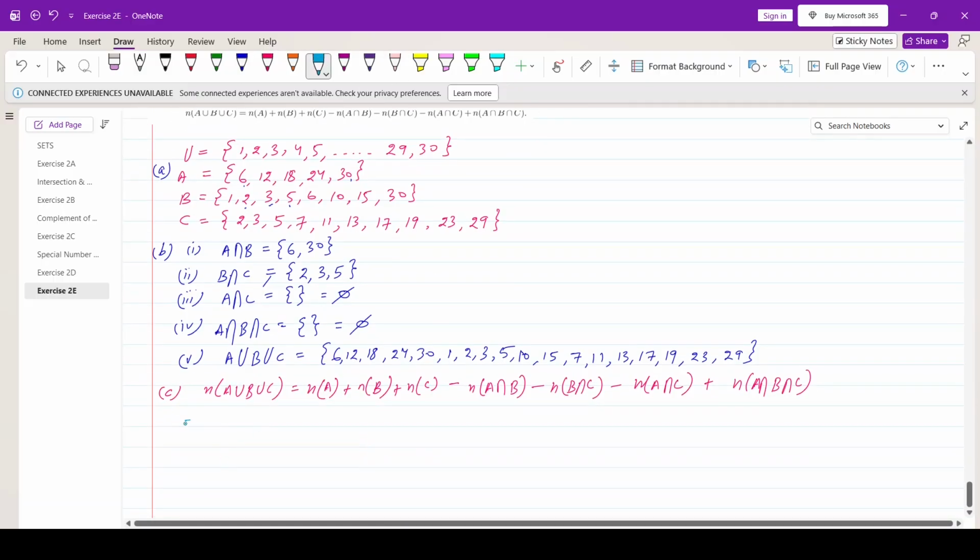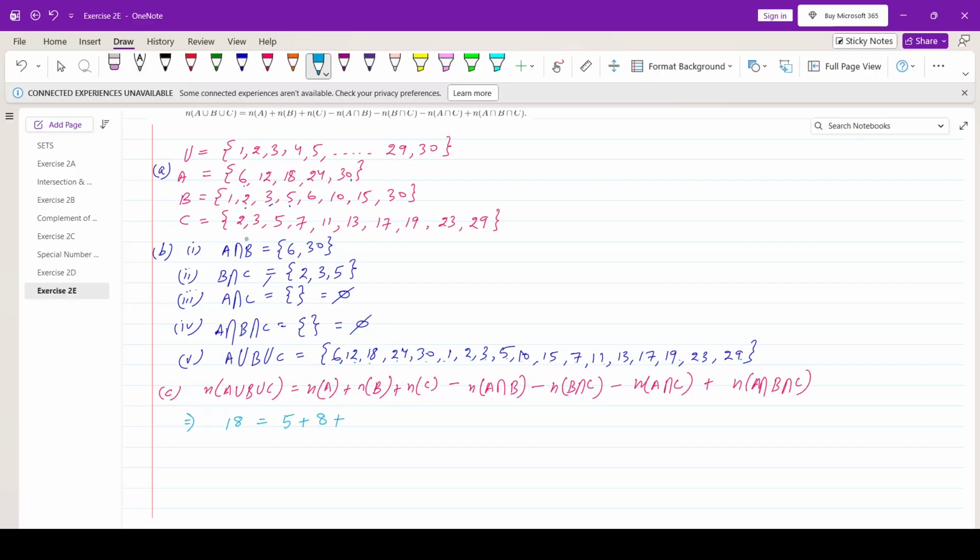So going ahead, we know A union B union C is 1, 2, 3, 4, 5, 6, 7, 8, 9, 10, 11, 12, 13, 14, 15, 16, 17 and 18. So 18 is equal to number of elements in A is 1, 2, 3, 4, 5. Number of elements in B is 1, 2, 3, 4, 5, 6, 7, 8.